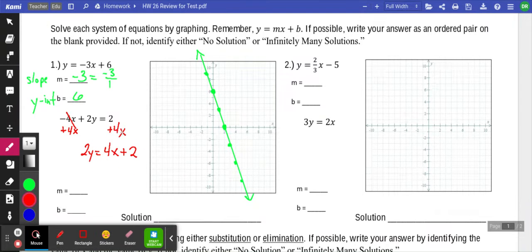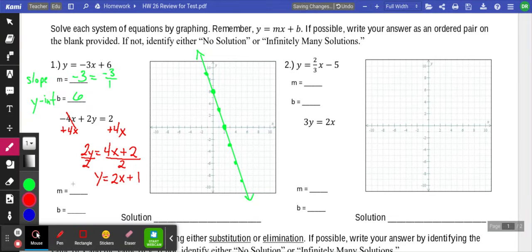Remember, you can't add these together because the 4 has a variable x and 2 does not have a variable. And then last thing, when we divide by 2, that means that we divide the entire right side by 2, meaning we divide all values on the right side by 2. And so we get y equals 4 divided by 2 is 2, so we have 2x there. And then 2 divided by 2 gives us +1 here.